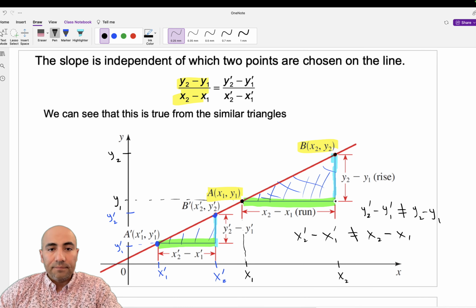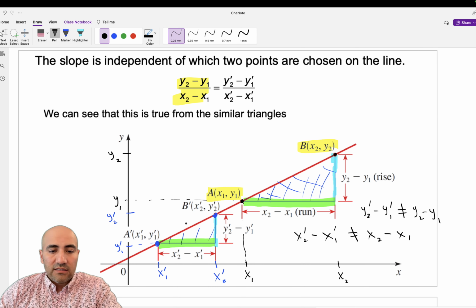So they're clearly different. But what is the same is their ratio when you divide them. The ratio of y sub 2 minus y sub 1 divided by x sub 2 minus x sub 1 is equal to the ratio of y sub 2 prime minus y sub 1 prime divided by x sub 2 prime minus x sub 1 prime.